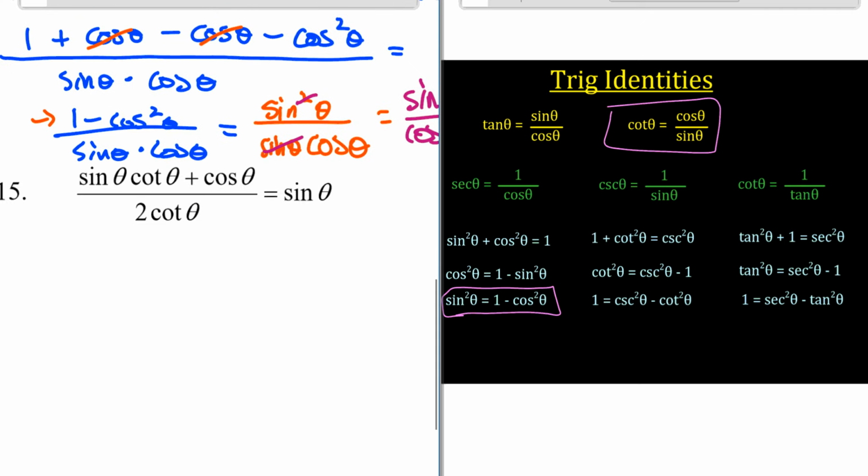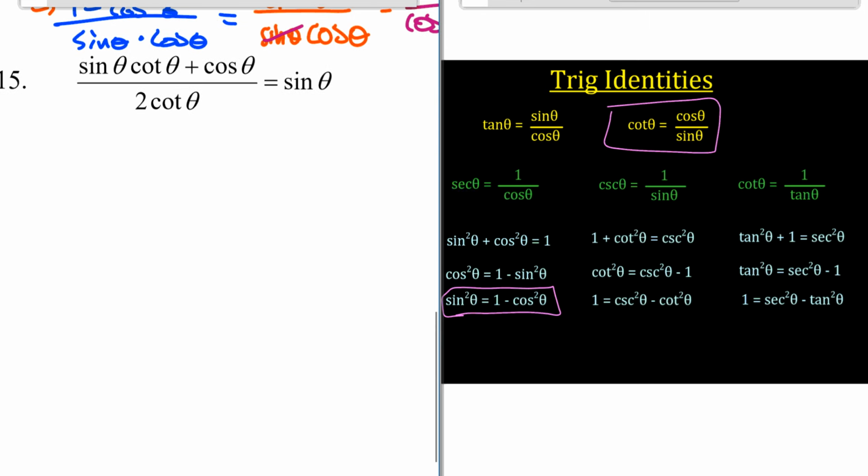Number 15. I'm obviously going to be working with the left because there's no way I could take sine and somehow figure out how to get all of that over there. I don't see anything that would resemble using the bottom part of this right now. We might later, but since I don't see any Pythagorean identities, I'm just going to switch everything to sine and cosine and see what happens.